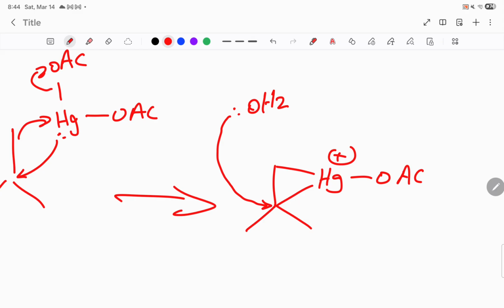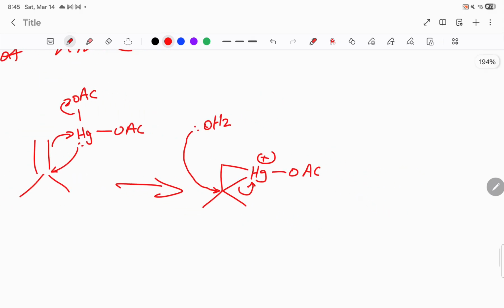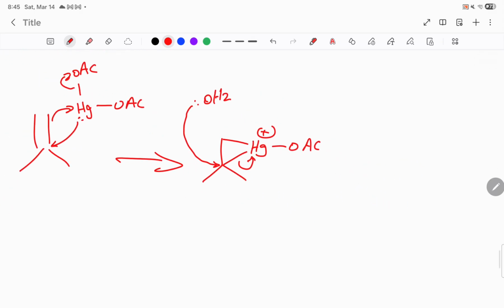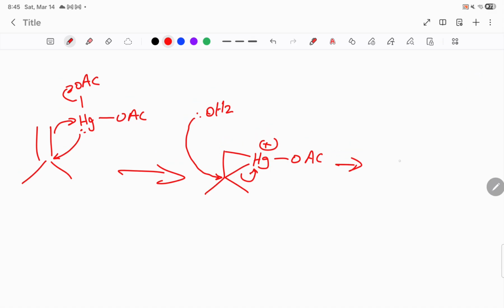Why? Again, it has electronic reasons. If you're curious, the delta plus charge that is developing on this carbon will be more stabilized by the electron donating groups here. But the delta plus that is developing here in the transition state is less stabilized, okay? So yeah, now we transfer those electrons there to open up the ring, and we get this as our next step. So let's draw this. Let's draw our newly attached water.